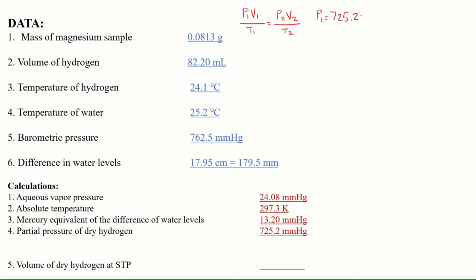Okay. V1, the volume of hydrogen gas, you will find this in your data. This was line 2 of the data. The volume of hydrogen is 82.20 mLs.